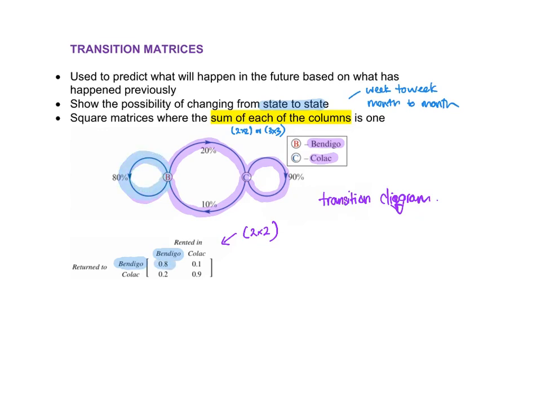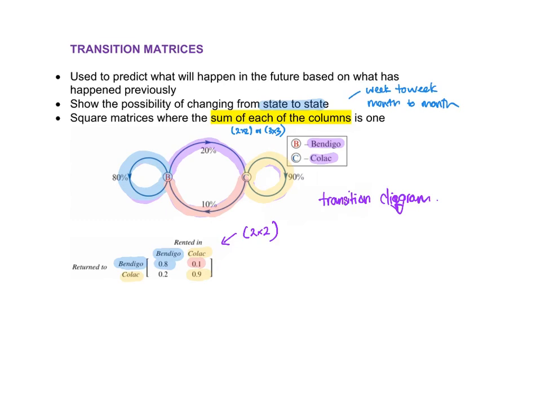If we were going from Colac to Colac, it was 90%, and we could see that there. Now for the rest, going from Colac to Bendigo, so starting rented in Colac, went to Bendigo, we saw 10%.